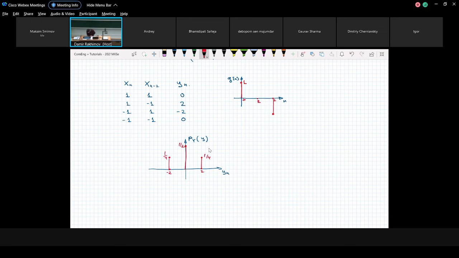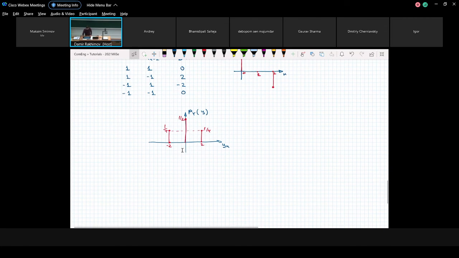What else do we have? y of n means possible amplitude. Not a function of index, but in general what's the possible amplitude for the resulting sequence. So let's go further.